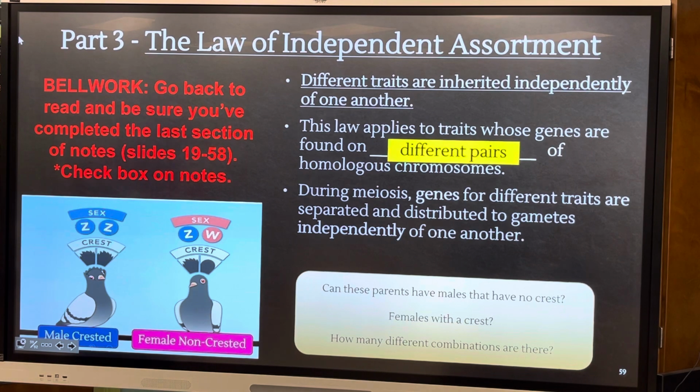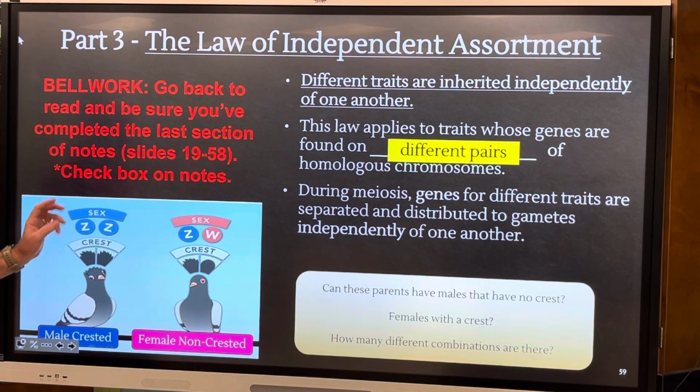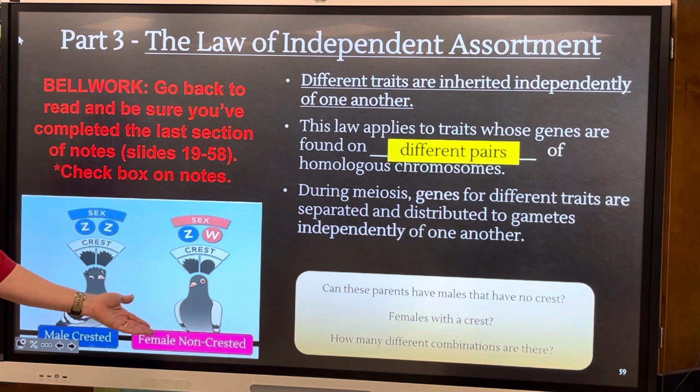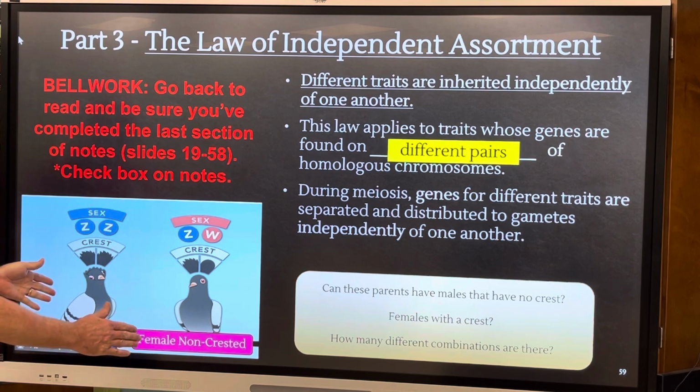So can these parents, the question on the bottom right, can these parents have males that have no crests? Can these parents have female babies with no crest? How many different combinations are there?